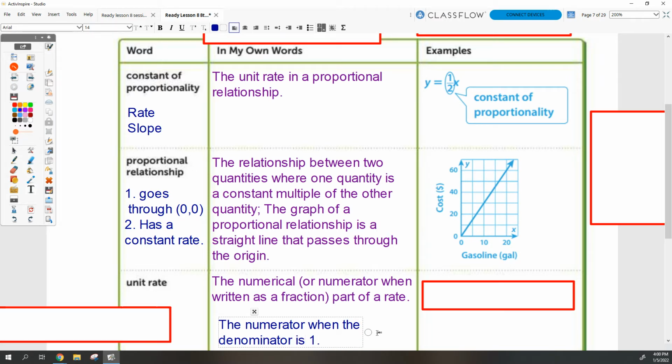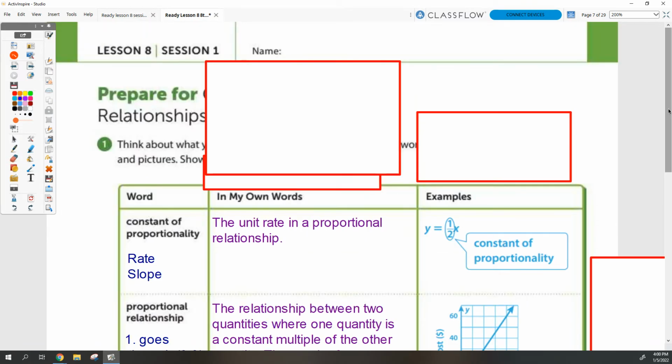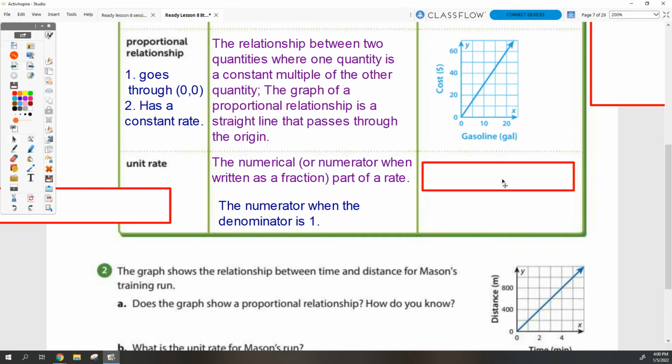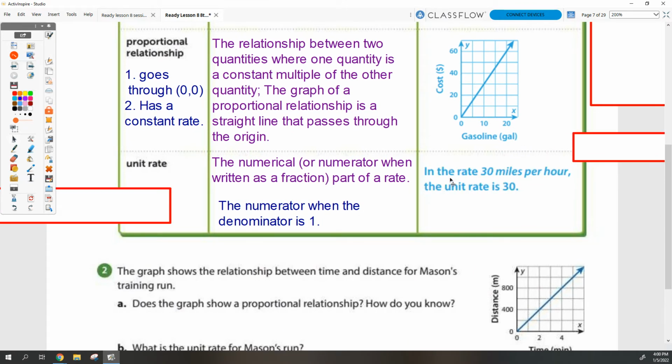So it's whatever value over 1. So in the rate 30 miles per hour, the unit rate is 30. So it's every 30 miles in 1 hour.